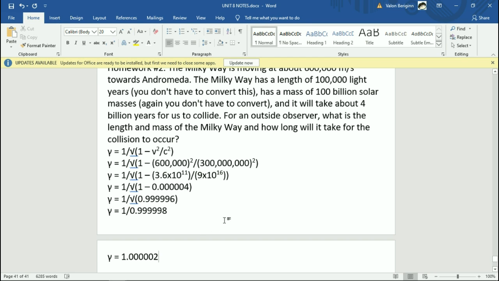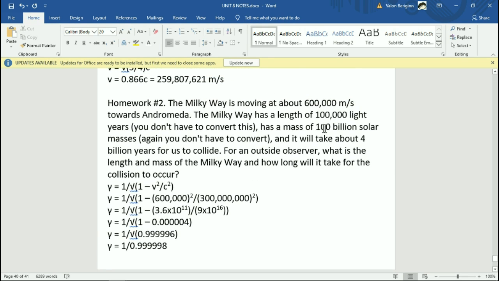Now we want to solve for length, mass, and time. Let's do mass first. Mass is always multiplied by the Lorentz factor. We have a mass of 100 billion solar masses. Again, you don't need to convert it, so the unit can stay as solar masses.